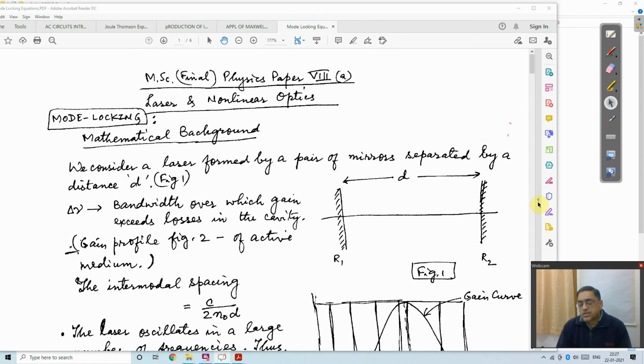So using Kerr mode locking and such material, and what is the technique behind that, we shall shortly see.